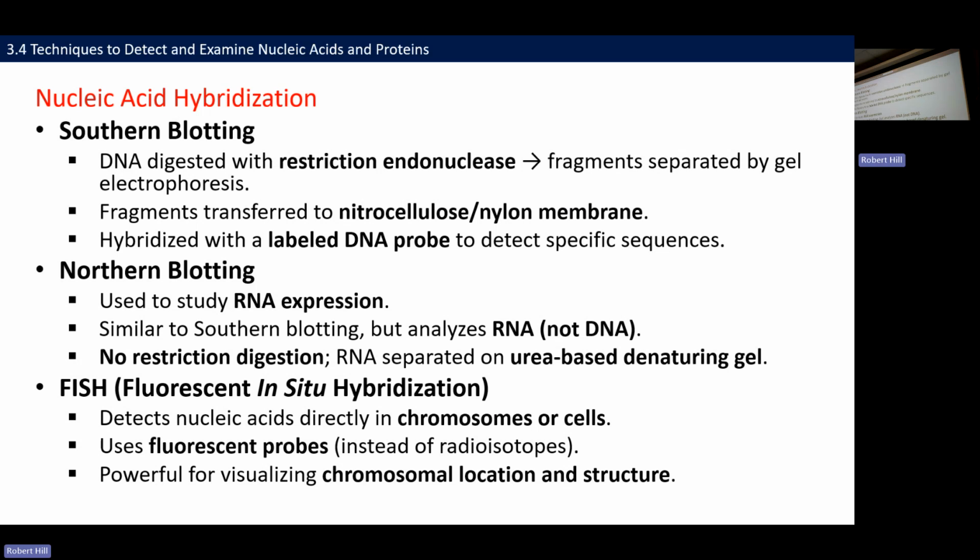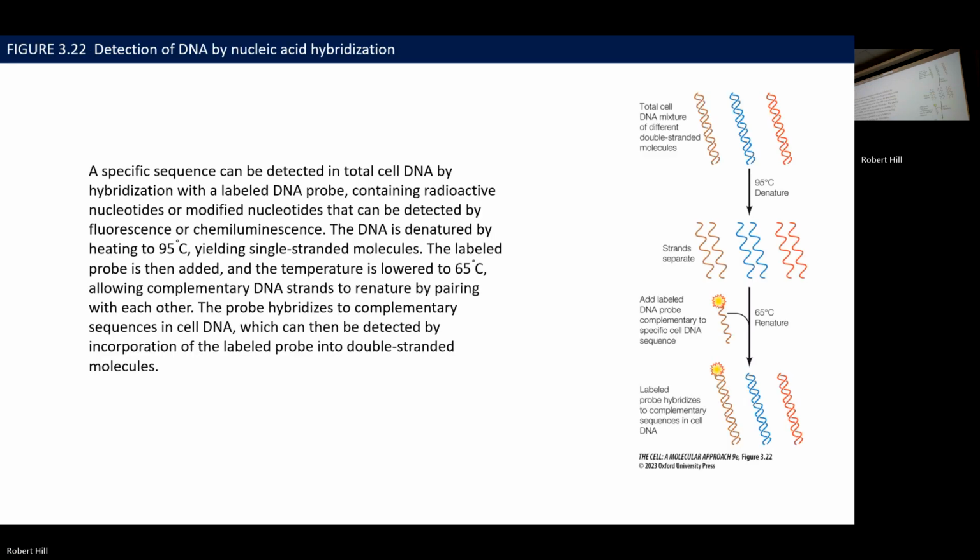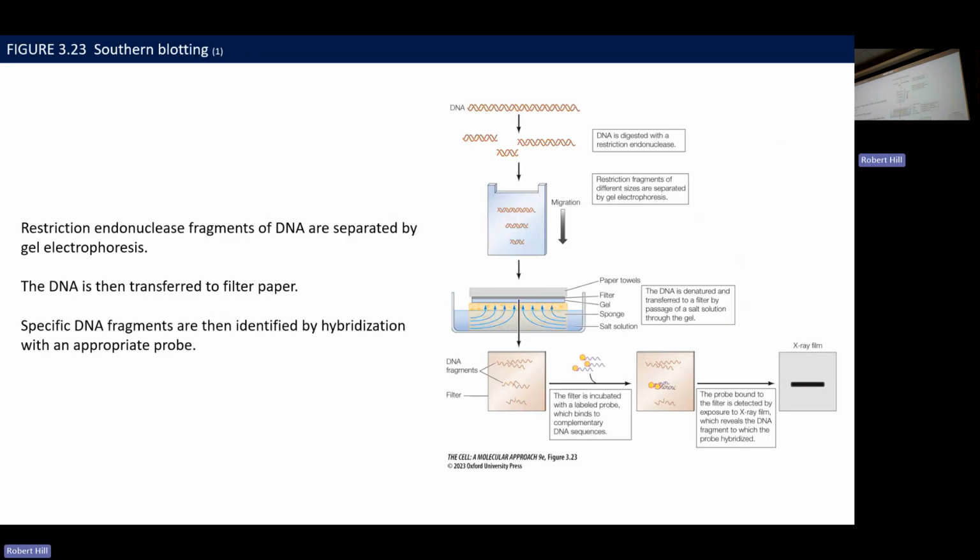The first step in Southern blotting is to take a gigantic chromosome, a bunch of chromosomes, and cut them up with a restriction enzyme. Now you have smaller pieces, and you can separate those out by electrophoresis. The next step is to probe it with a radiolabeled probe. But you can't bind a probe to DNA that's in a gel. It doesn't work like that.